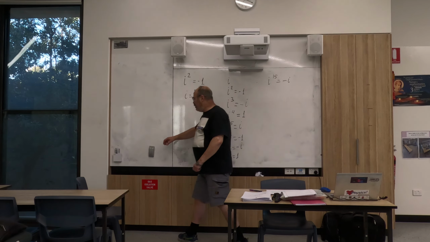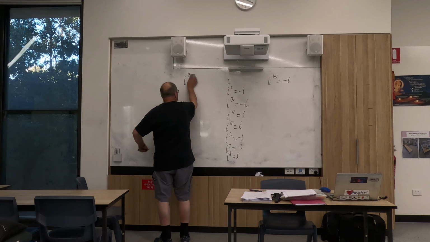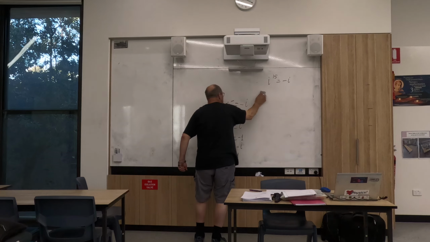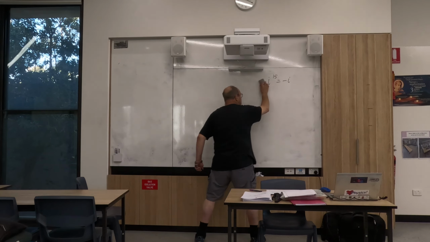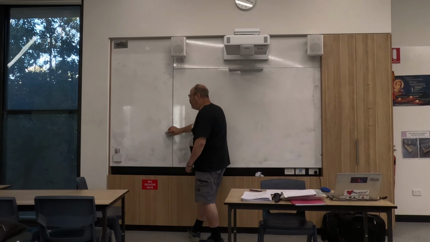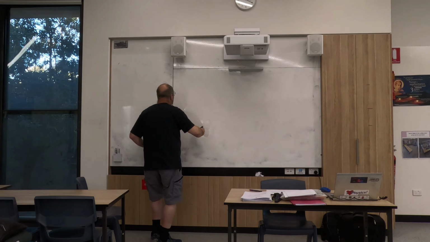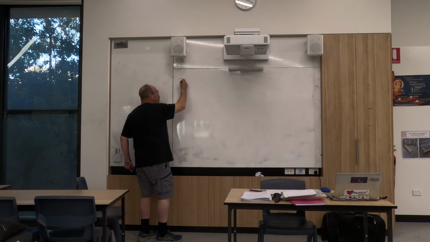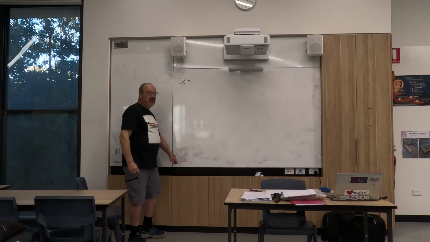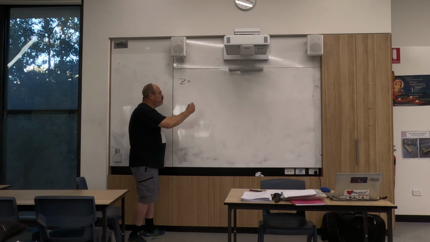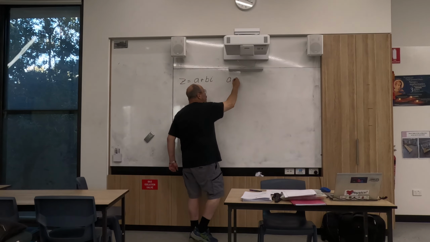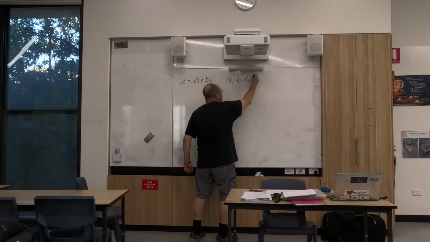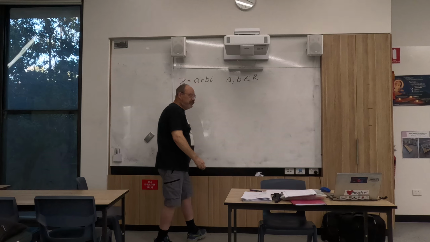Now, a complex number is effectively a 2-dimensional number. This is just the imaginary i, but if we write a complex number, we use the letter z, and z equals a plus bi, where a and b are both real numbers.